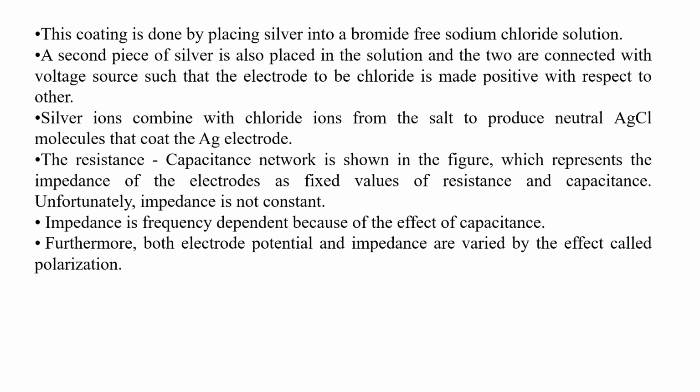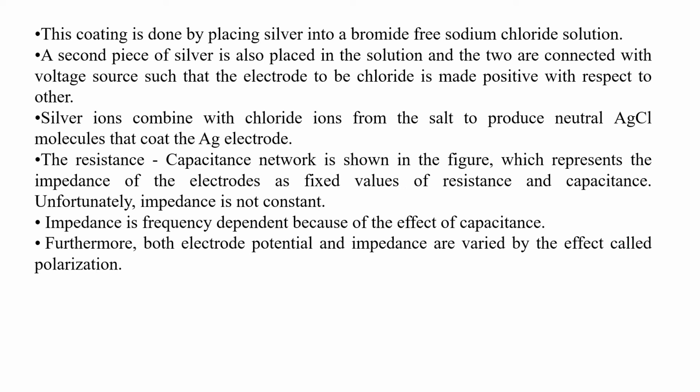From the figure we can see the resistance and capacitance network, which represents the impedance of the electrode as fixed values of resistance and capacitance. Unfortunately, the impedance is not of a constant value. Impedance frequently varies because of the effect of capacitance.